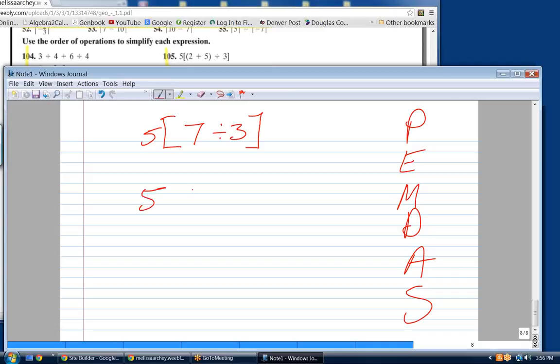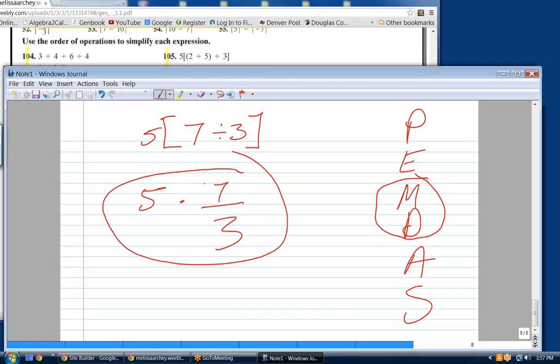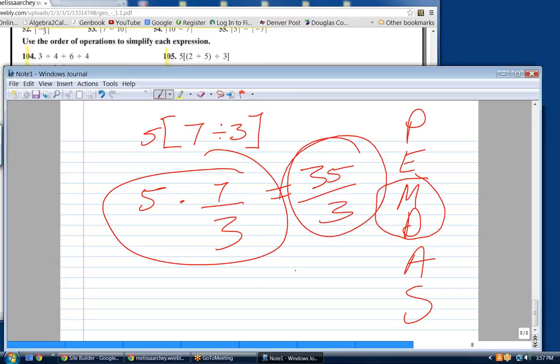So that becomes 5 times 7/3. And whether multiplication or division takes place, I think those are interchangeable, just like addition and subtraction. Okay. So, in other words, once I get it down to multiplication and division, that's 35/3.